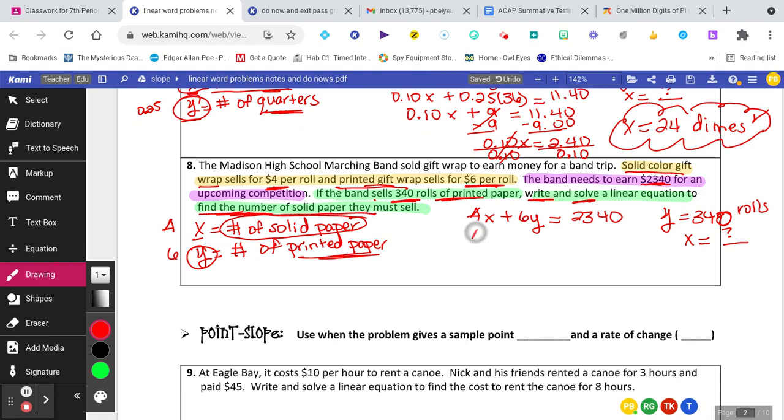All right, so to have 4X, we're going to change Y to 340, equals 2,340. So 6 times 340 equals 2,040. I'm going to subtract 2,040 from both sides.